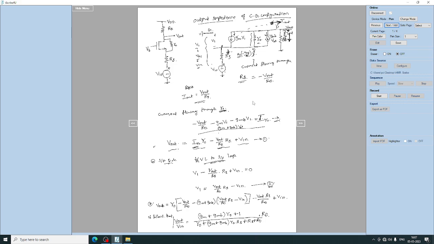This is the expression for the gain of common gate amplifier.